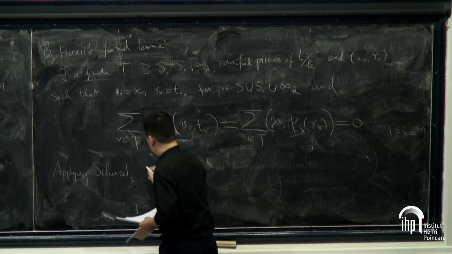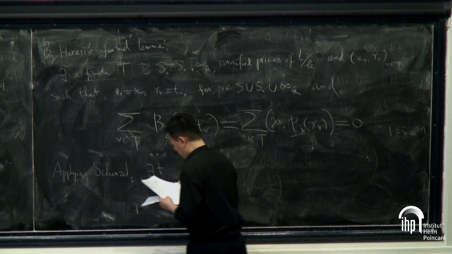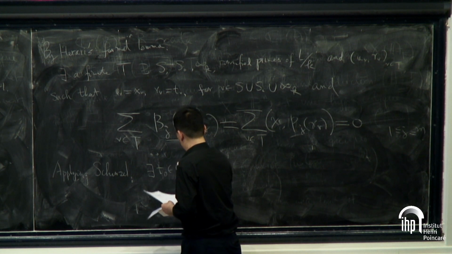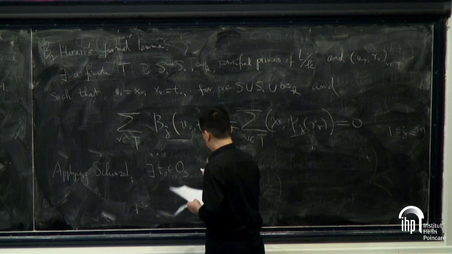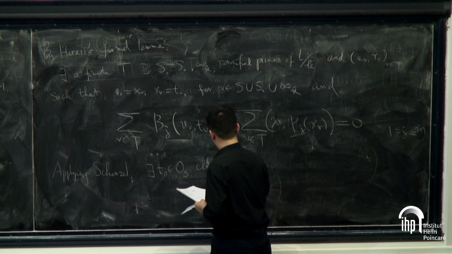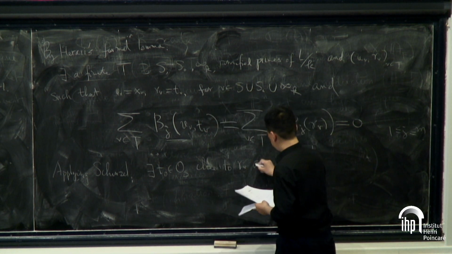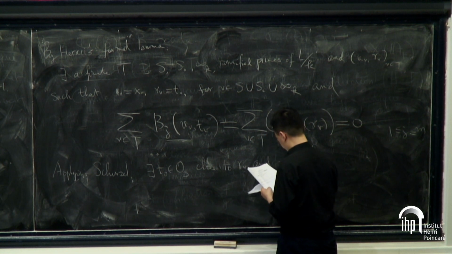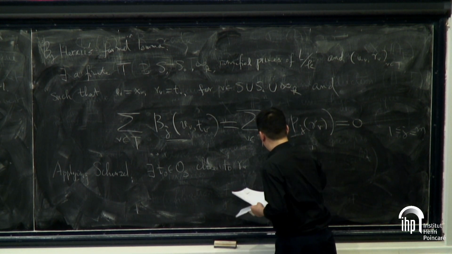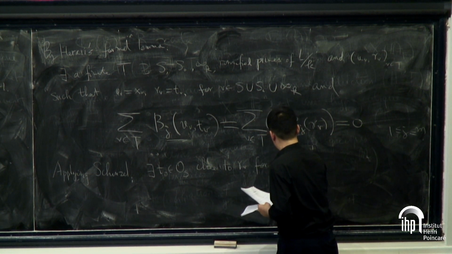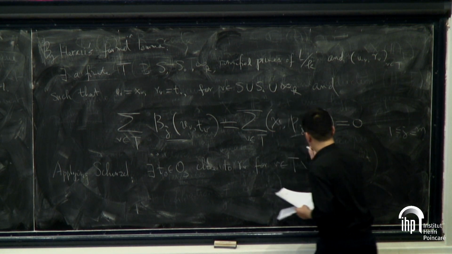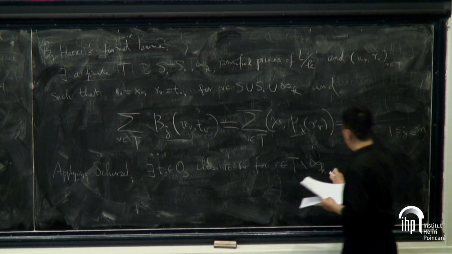So there exists T0 close to this RV, and close to RV for this V belonging to this T. Of course, infinity of infinity.